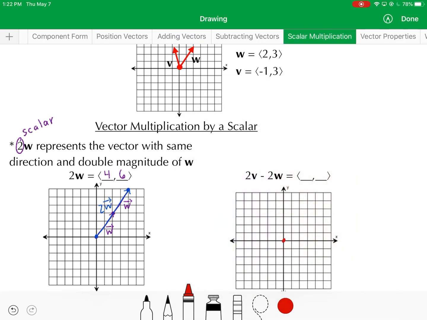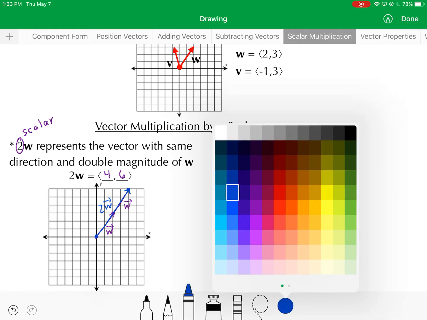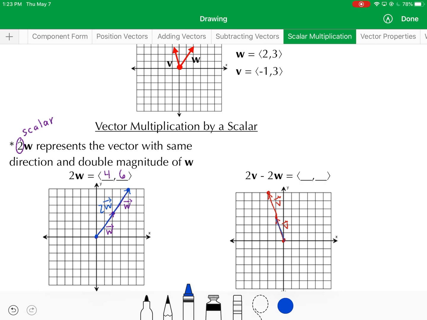So here would be a single vector v. And then from there, another vector v. So altogether, this represents 2 times vector v. Okay?